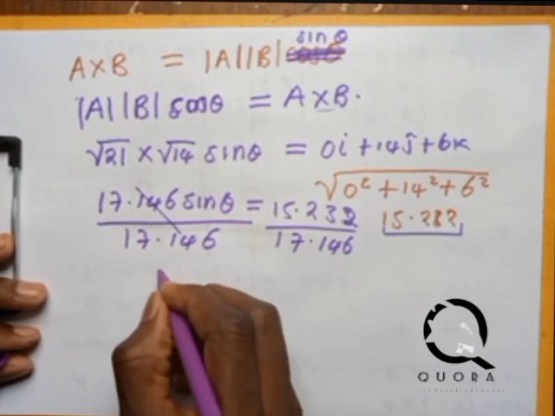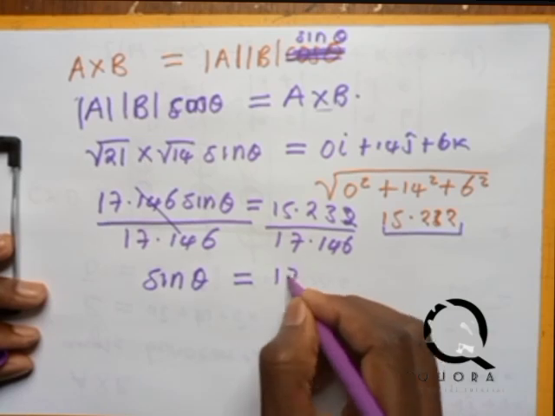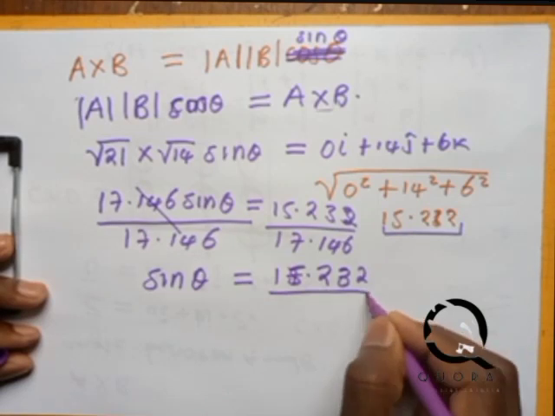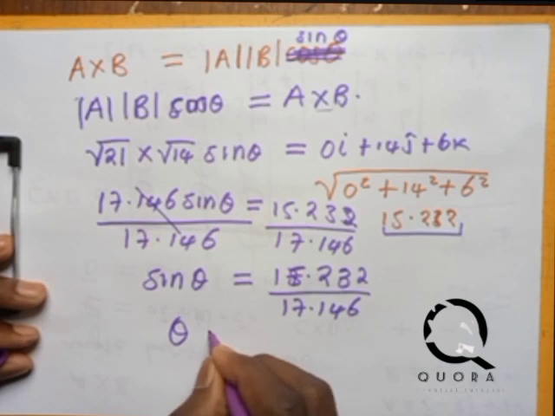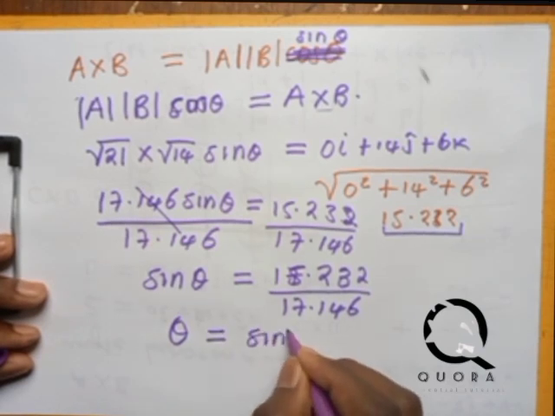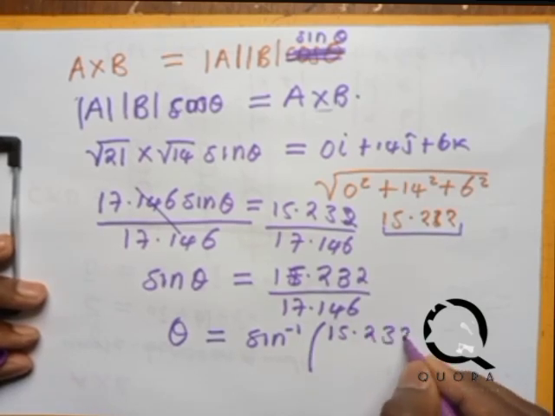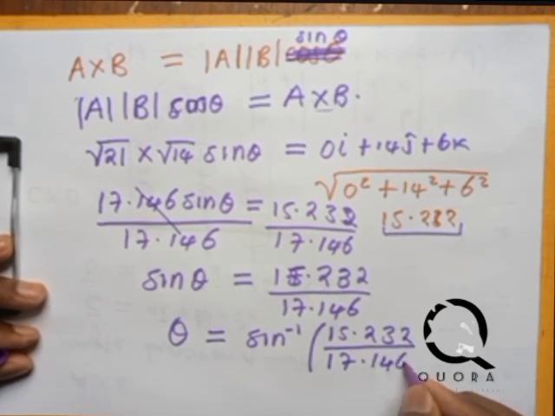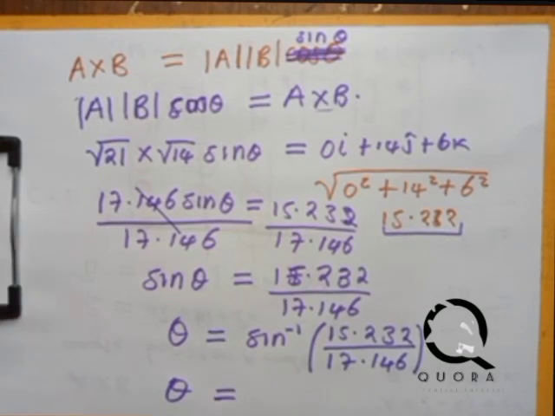So sine theta is going to be equal to 15.232 over 17.146, meaning that theta is going to be equal to sine inverse of 15.232 over 17.146.